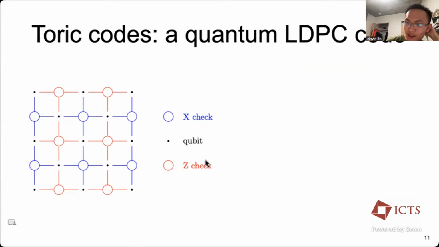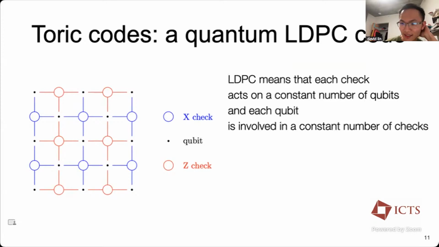But importantly, this toric code satisfies an additional property known as LDPC. LDPC means that every check only acts on a constant number of qubits, and every qubit is only involved in a constant number of checks. So for example, this check only acts on 4 qubits, and this qubit is only involved in these 4 checks.